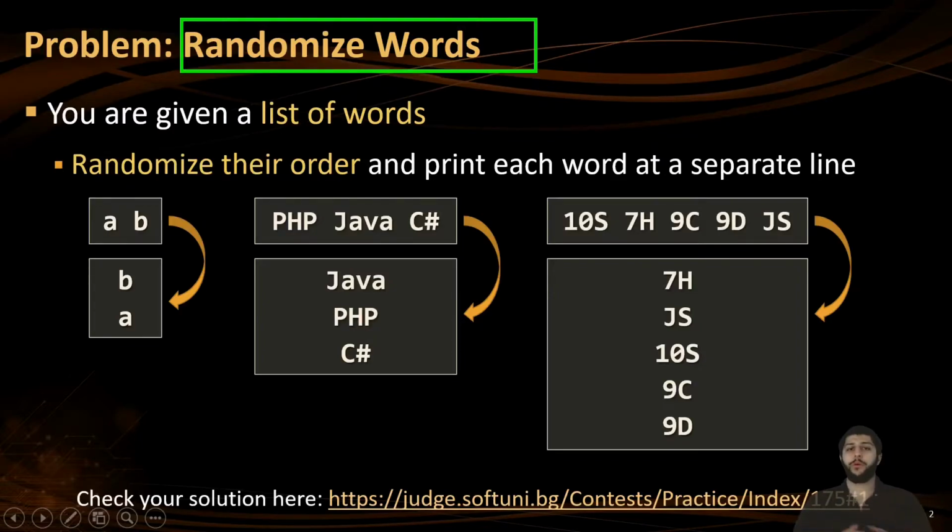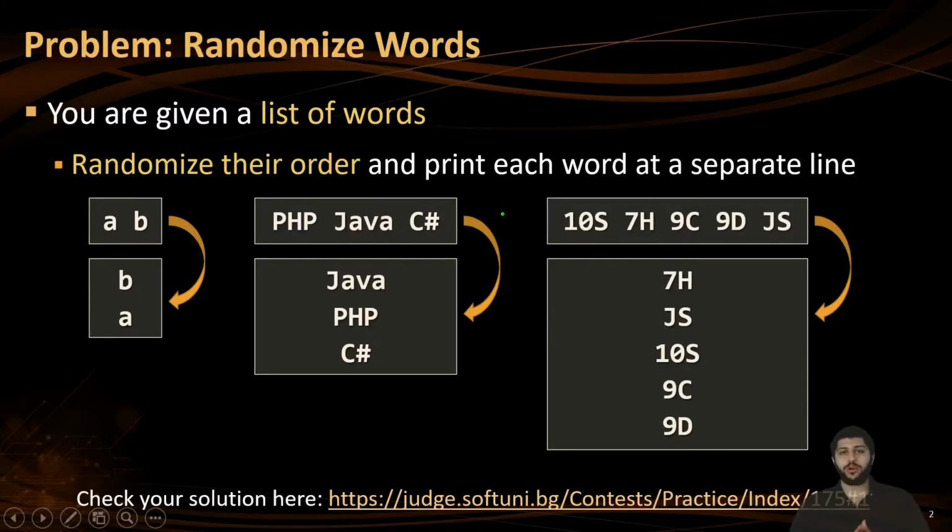How do we randomize a sequence of things? Doesn't matter if it's numbers, strings, or whatever. So we have a sequence of different things, and how do we randomize them or shuffle them, in other words? We have popular algorithms such as the Fisher-Yates shuffle, which do a pretty nice job shuffling different sequences.